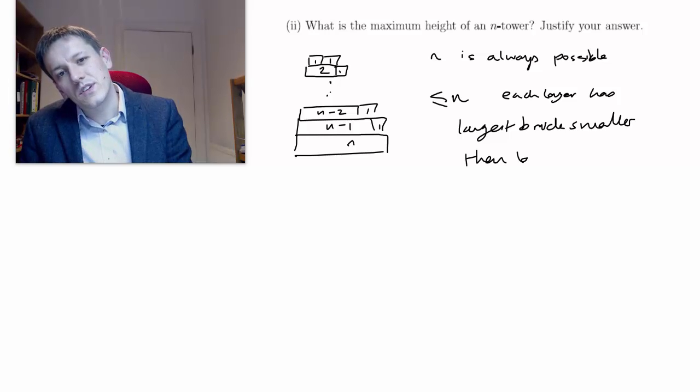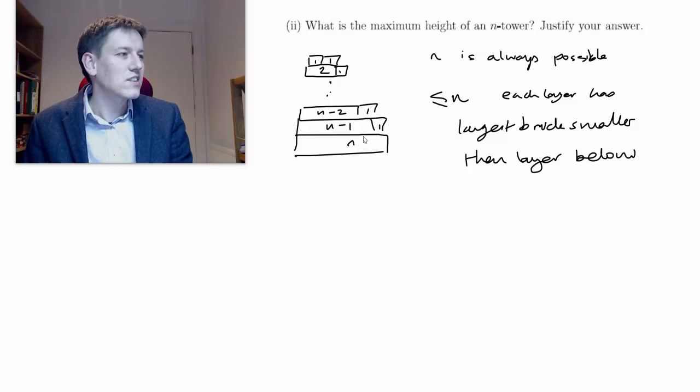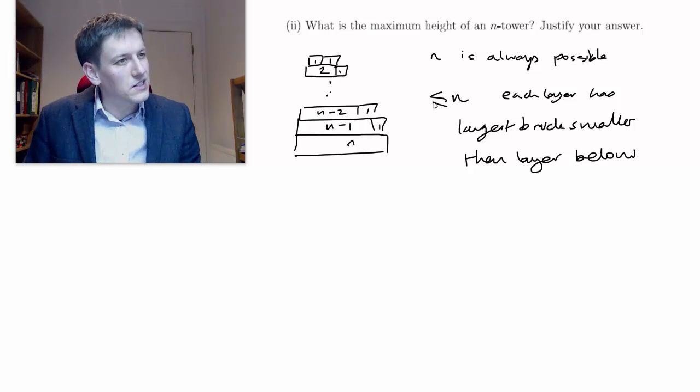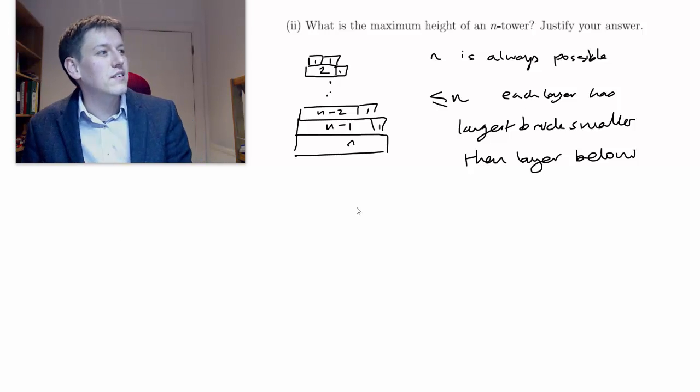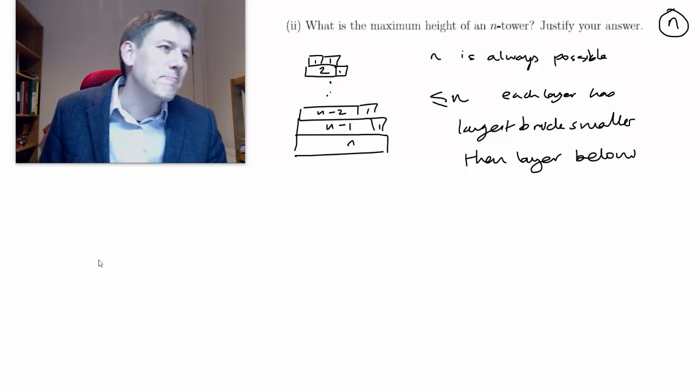Okay, so I haven't written this very neatly, and this is actually a case where you should probably write a few more words to explain what I was saying in the run up to that. But that's the idea. Okay, the maximum height of an n tower. I suppose I should actually make sure I give the answer somewhere here as well, that it is n.